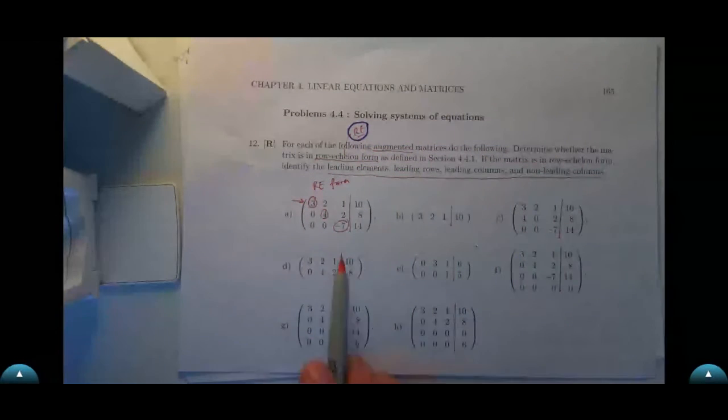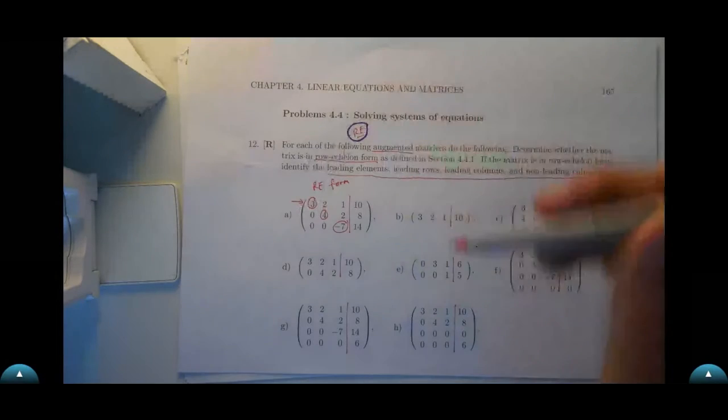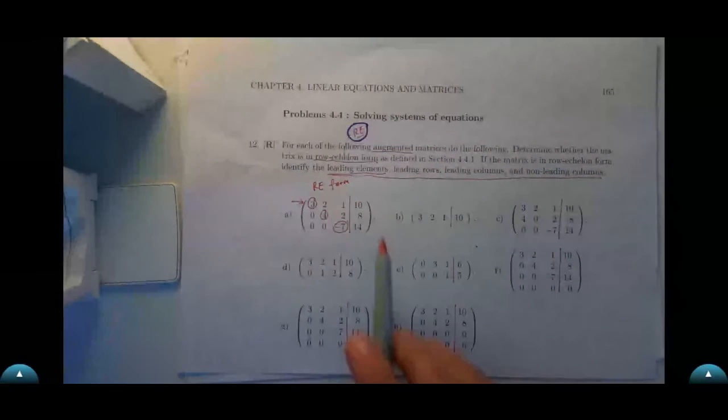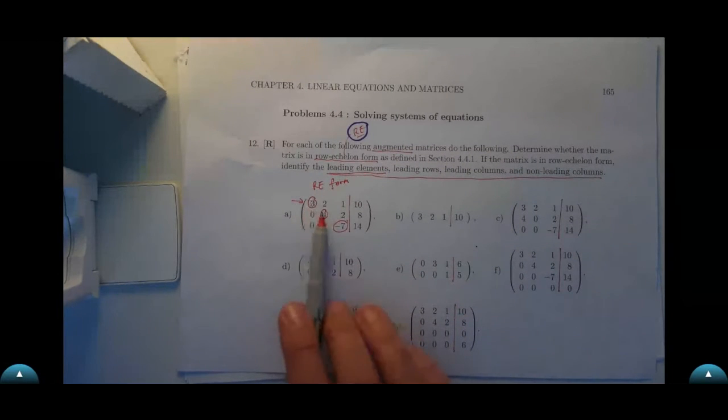There are no rows of zeros. If there were rows of zeros, they'd be at the bottom. So you can see over here there's a row of zeros, and that's definitely at the bottom. Okay, so the leading elements. I think what they mean there is the leading element from each row.